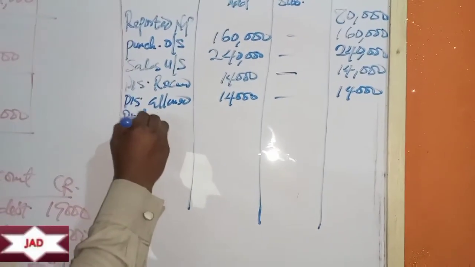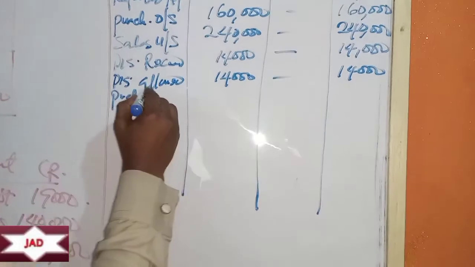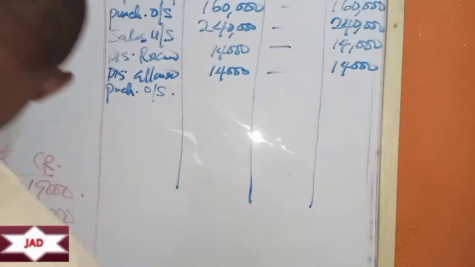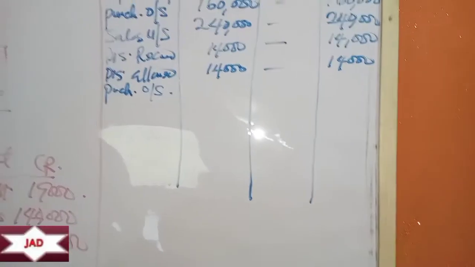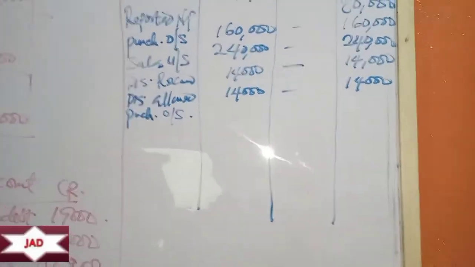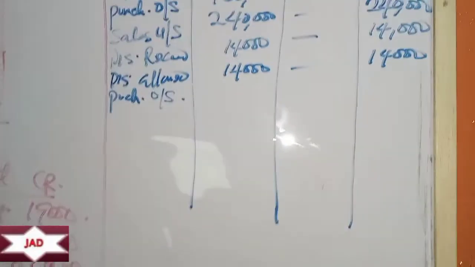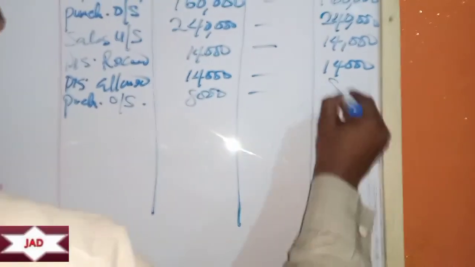So we still have purchases overstated, right? How much is that? The question said $8,000. So we have $8,000.